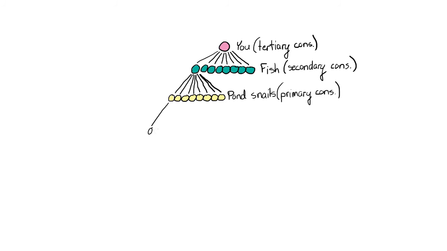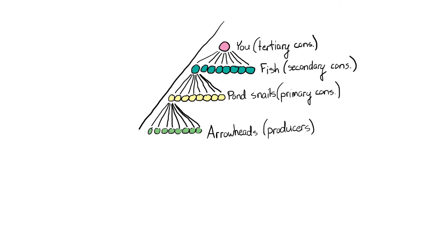So let's say each of those pond snails has to consume 8 leaves from an arrowhead plant to sustain themselves for 1 week. So you can see how this starts to grow into a larger pyramid scheme, where you have the tertiary consumers on top, and they are supported by layers and layers of consumers and ultimately producers at the bottom.